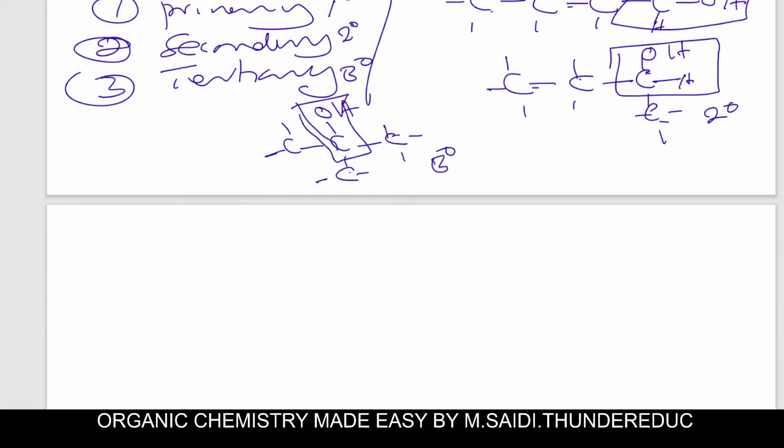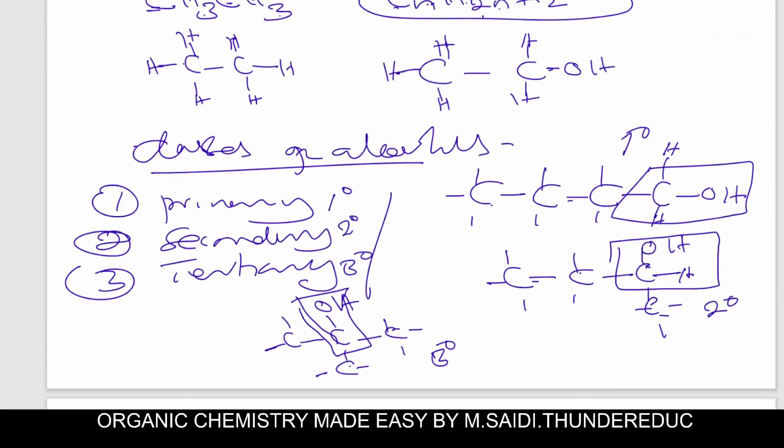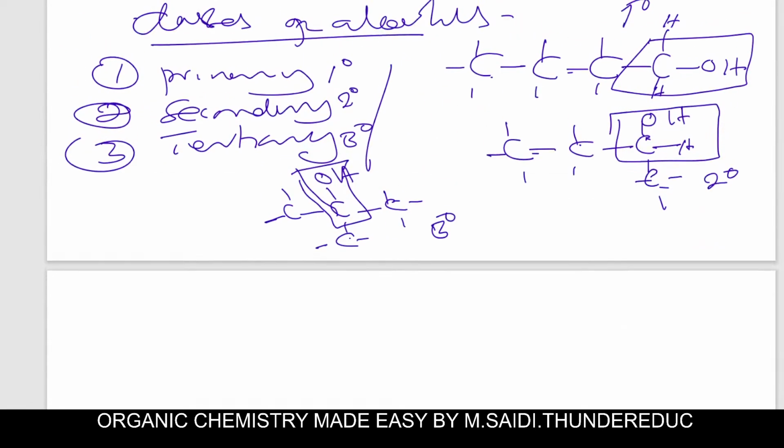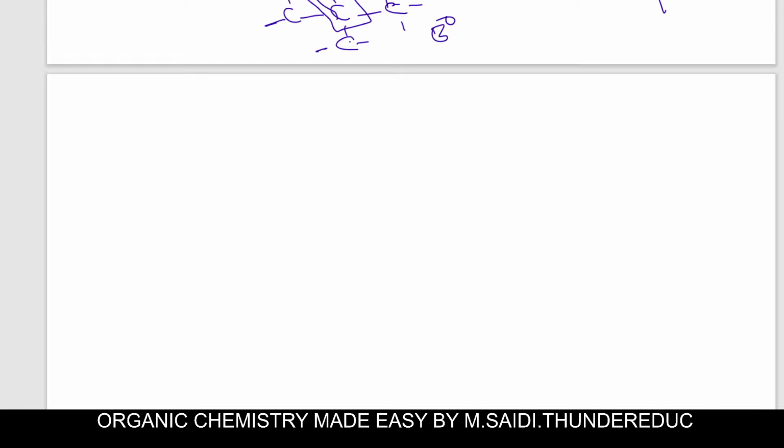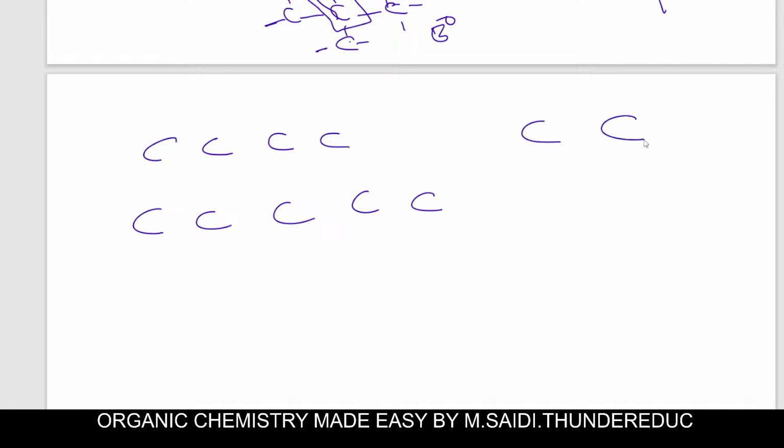Let's go to the third point, which we need to know about these alcohols: naming. 1, 2, 3, 4. 1, 2, 3, 4, 5. 1, 2. 1, 2, 3.